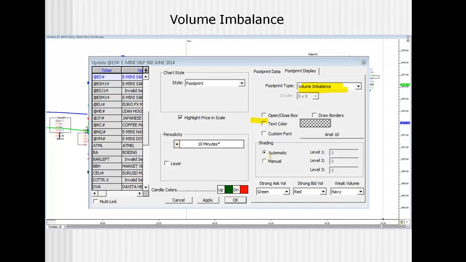I tend to want to look at imbalances at around 130%. So what I do is I click on the manual button here, and then for level 1 I put 130, and that will give me the 130% I want. You could adjust it to whatever other percent you want.